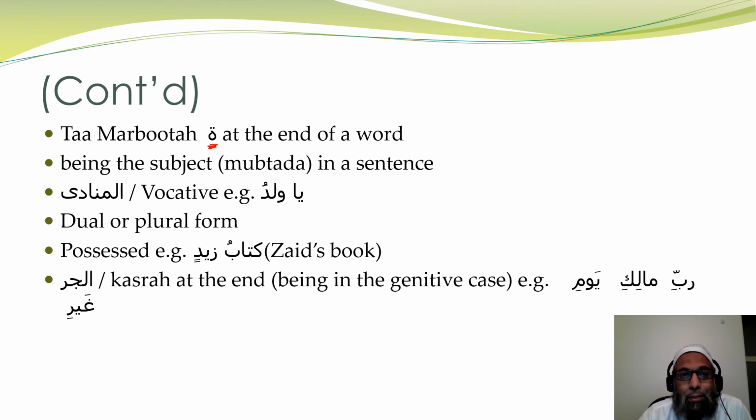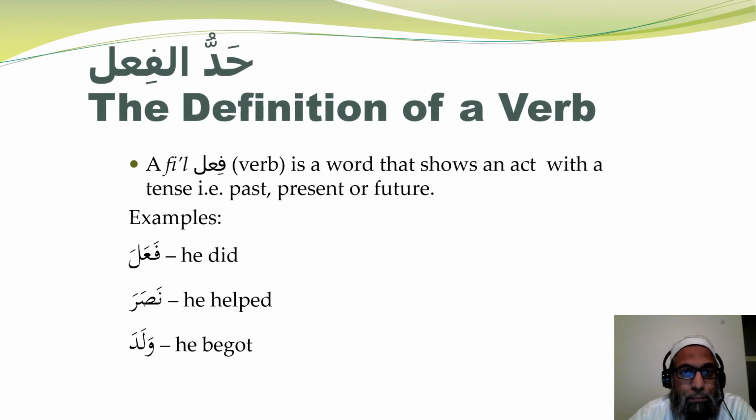Verbs can sometimes have a kasra at the end, so this is not a 100% determining point. When you get into the advanced levels, this will make more sense to you. If I start explaining the details, you'll just get confused at this point, so I don't want to go into any more details right now.